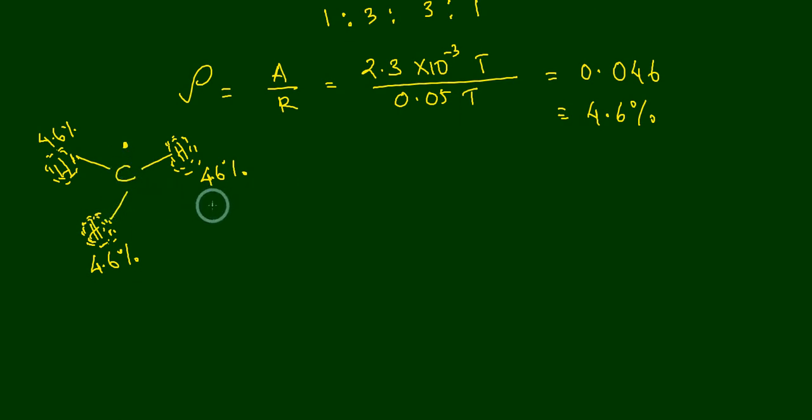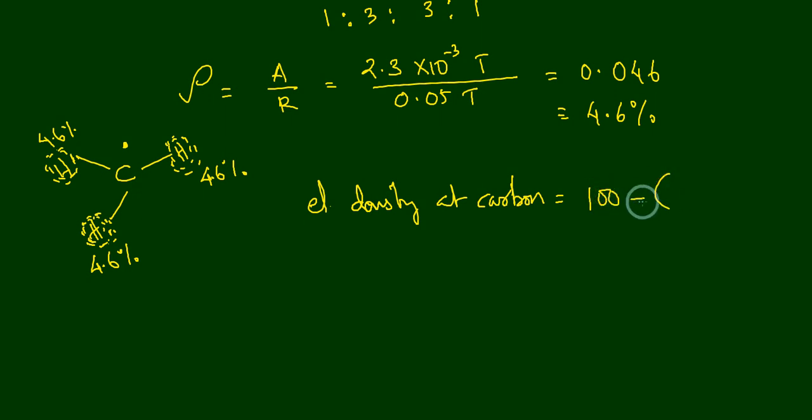So the electron density at carbon is equal to the maximum electron density, 100 percent, minus the electron density at the three hydrogen nuclei, 3 times 4.6, which is around 86 percent. So 86% of the radical electron density will be at the carbon, which has the maximum share.